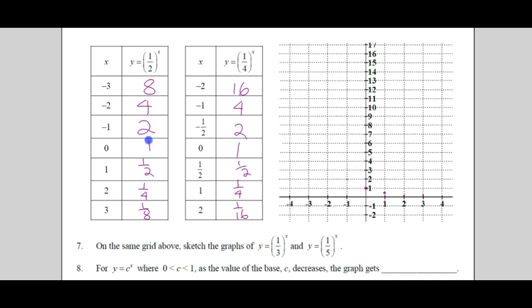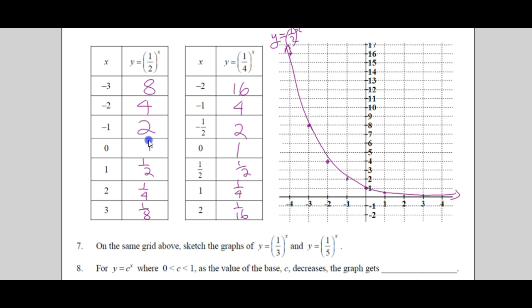But -1 was 2, and -2 was 4, and -3 was 8. What's -4? That would be 16. So this is y equals 1/2 to the x.